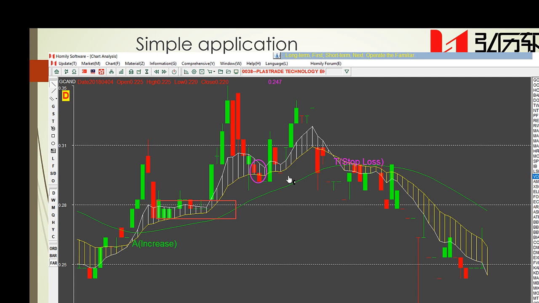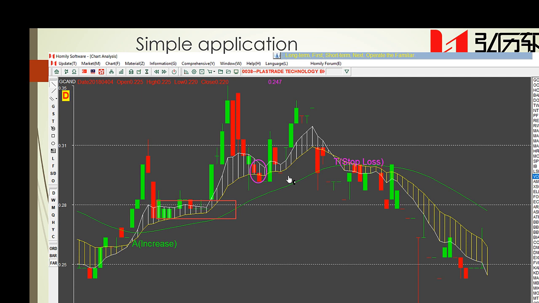We can see here it is a big young candle, and usually after a big young candle, it is far away from the white line, the price will tend to go back to the white line. So here we should know here it is a big young candle, and then the price will tend to go back to the white line.